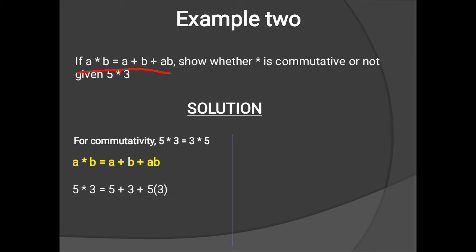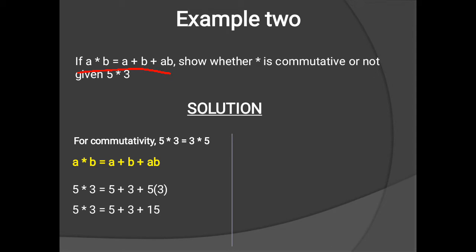So 5 operation 3. We are following the same rule. First one, which is 5, plus second one, which is 3, plus first one times second one, 5 times 3. 5 times 3 will give us 15. Always multiplication first.